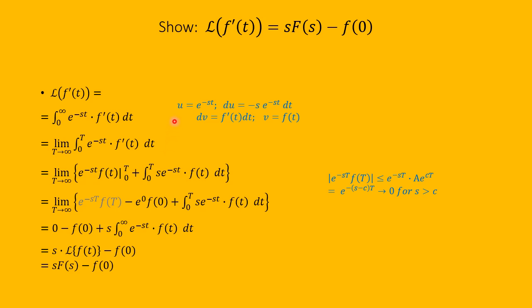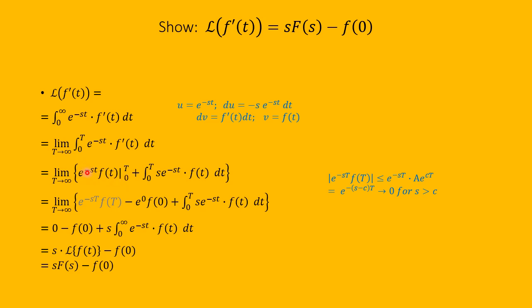So first of all, u times v is going to be e to the minus st times f of t. That's what we have here. And for this definite integral, we'll be looking at that from 0 to T, plugging in T into here, plugging in 0 into here, and subtracting.